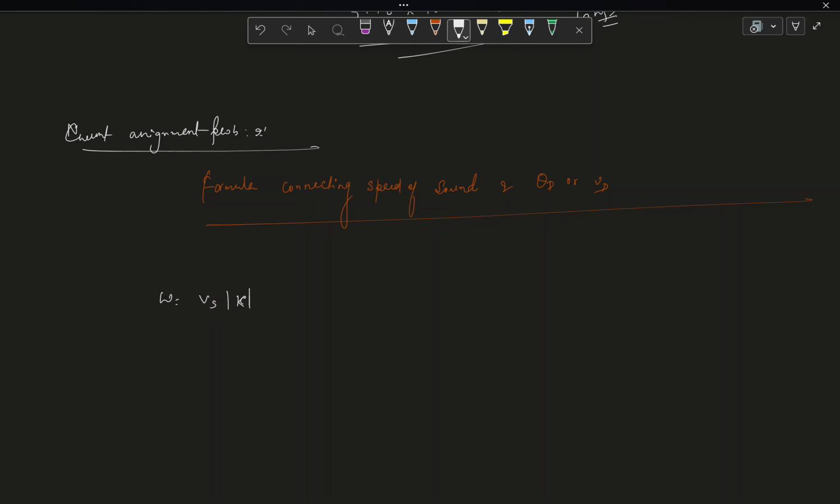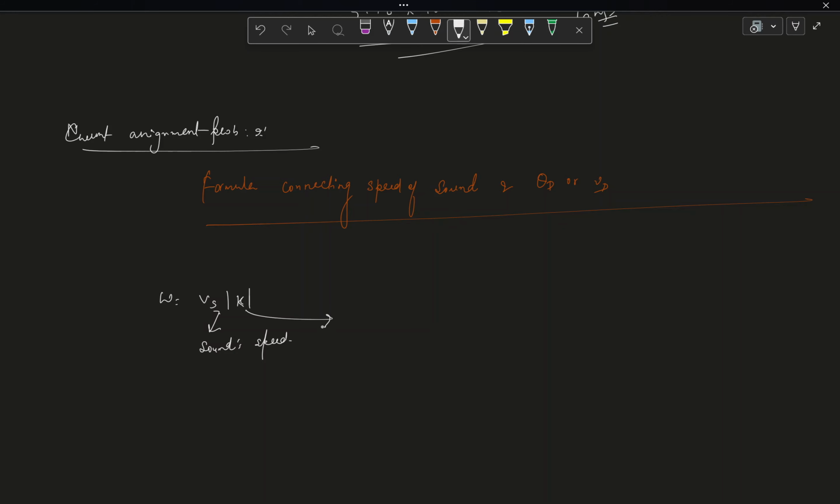This is a generic dispersion relation that you know, in the crystal or in the system, whatever you are given. This is the sound speed v_s, and K is the inverse of the lattice parameter.